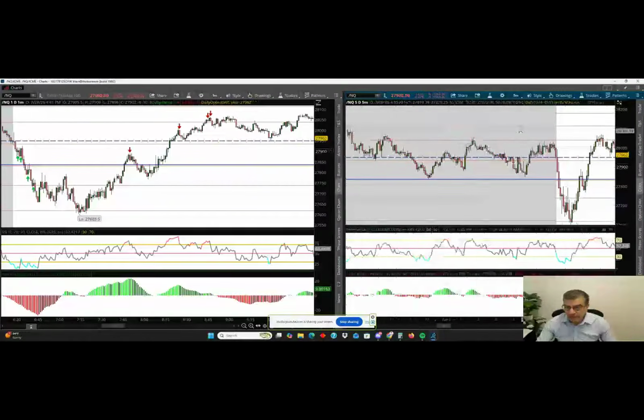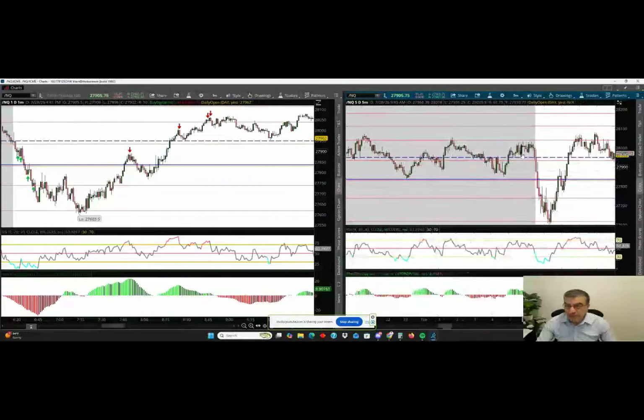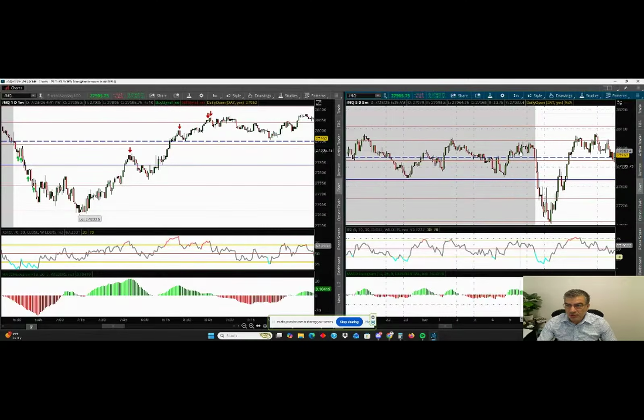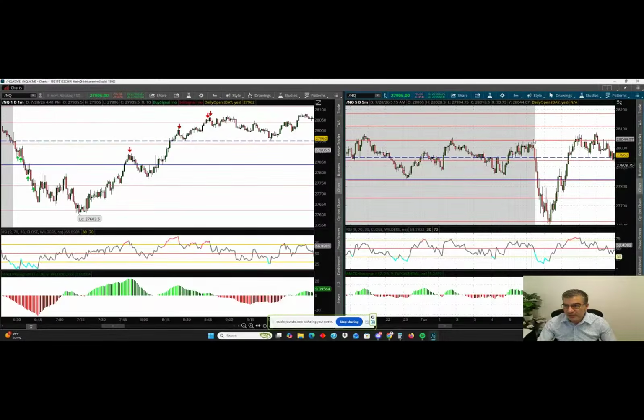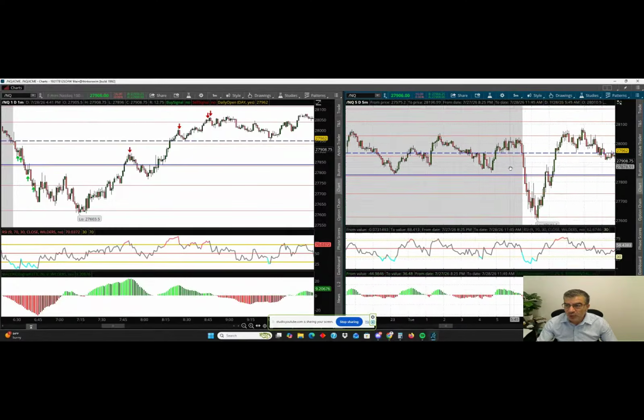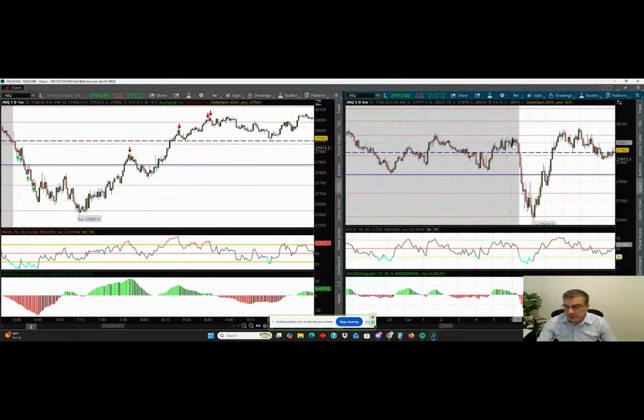The market came back up right before it opened, and it was never able to go above that level right there, and it dropped from there on. That was a good indication of a short when the market opened.